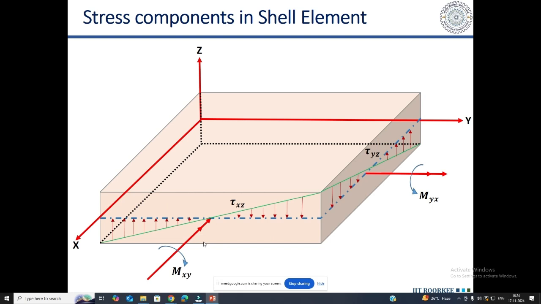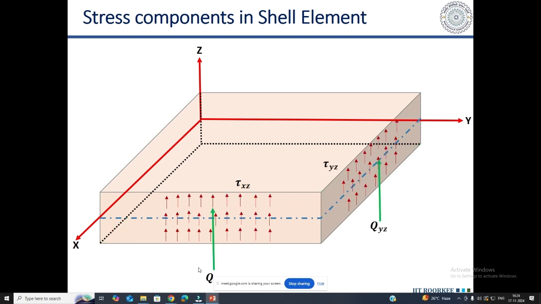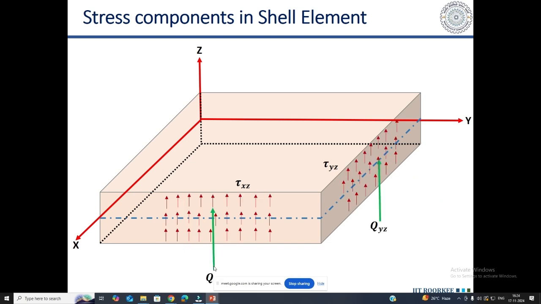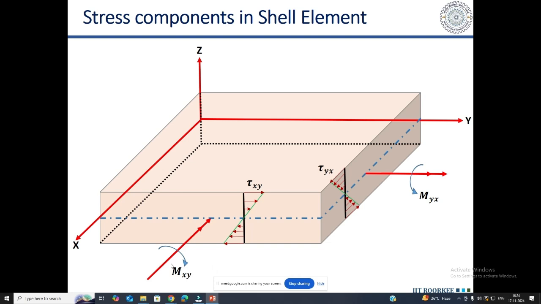But in this case, there is no normal force. There is a moment, the same moment we have seen here, a torsional or twisting moment, whatever you say. This torsional or twisting moment may also create stresses like this.